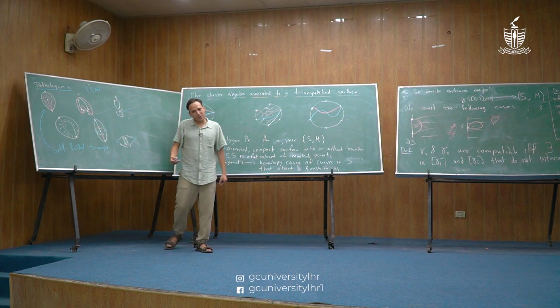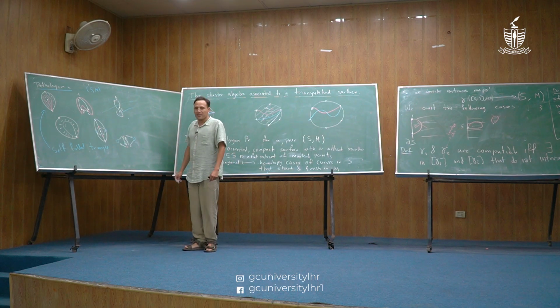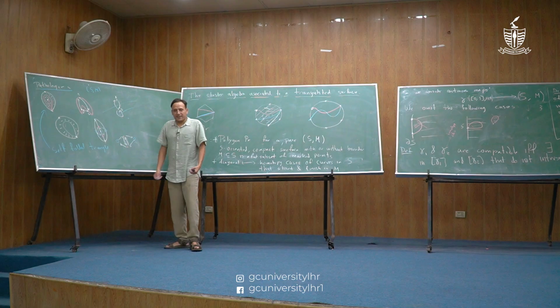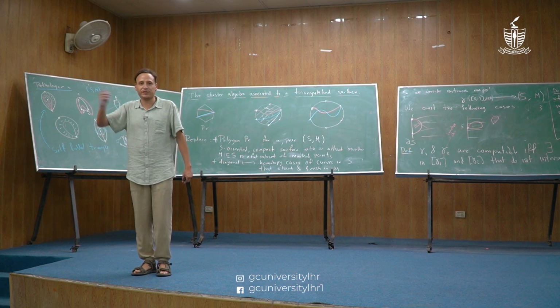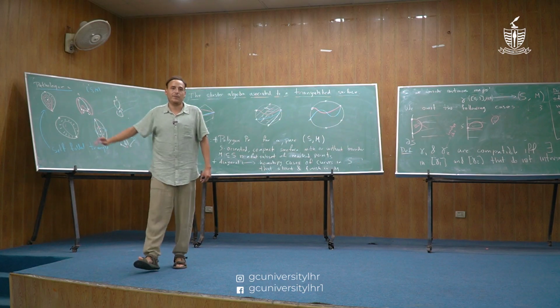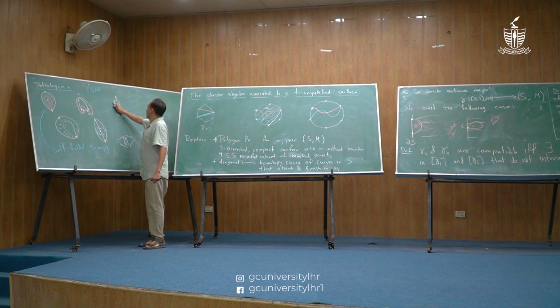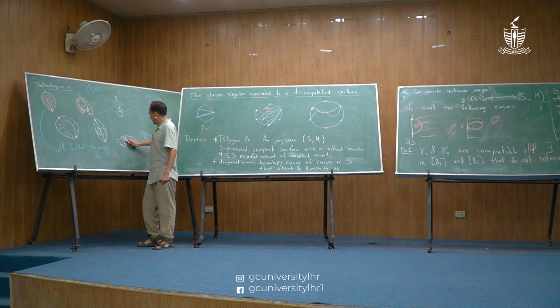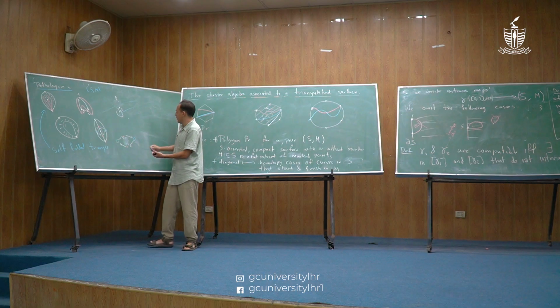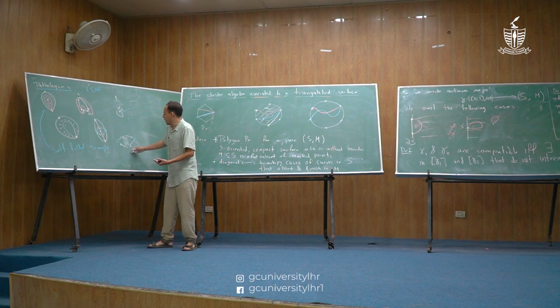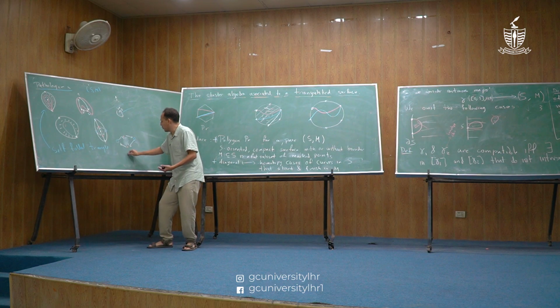But I can say, okay, in my mutation algorithm, when I have 2 cycles, I simply erase them, right? So maybe I can just erase these 2 and then get this quiver, right? And I know that the periodicities of the cluster algebra will only depend on the mutable part. So here I get something of type A1 cross A1, right?